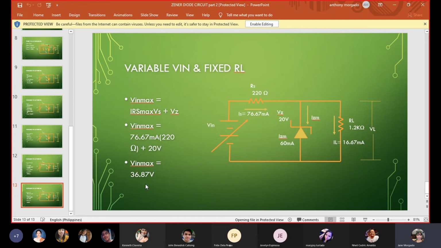So, we shall have a maximum of 36.87 volts. So, pag ang input voltage mo exceeds 36.87 volts, pwede nang masira si Zener, kasi beyond na siya sa ICM niya na 60 milliampere. Mag-exceed na siya dyan. So, this is the last slide.